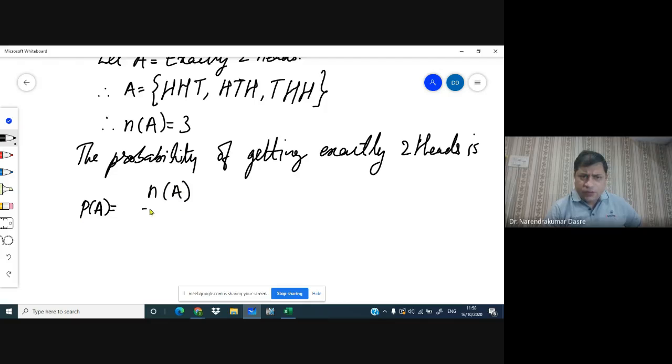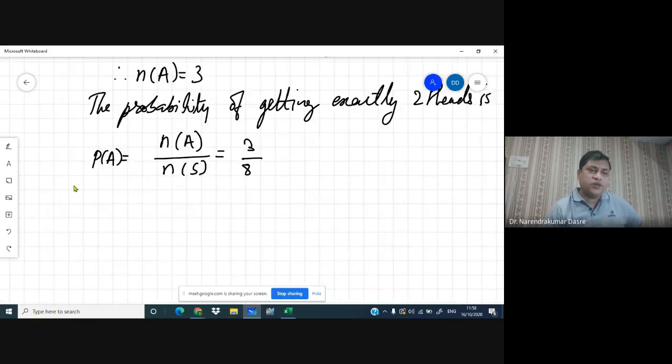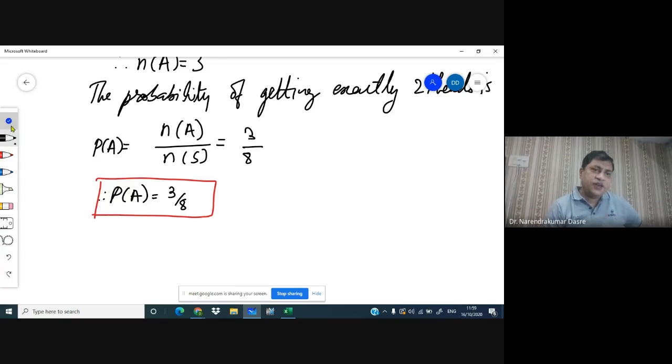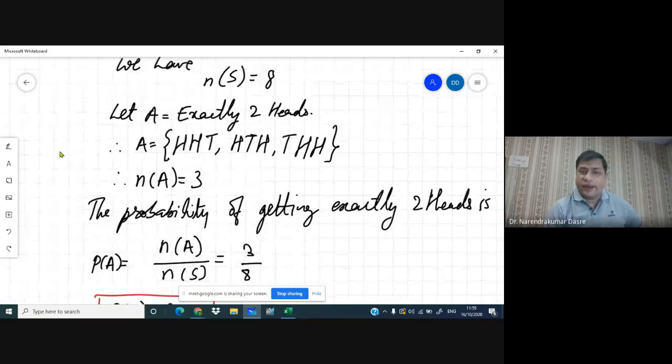We know the number of sample points in A upon number of sample points in S. And here this is 3 by 8. So what we got here? We got the probability of A is equal to 3 by 8. So this way we are able to get the probability of the event when we have exactly two heads.